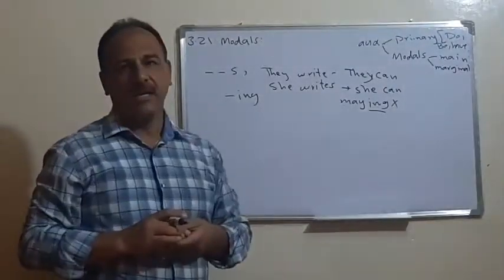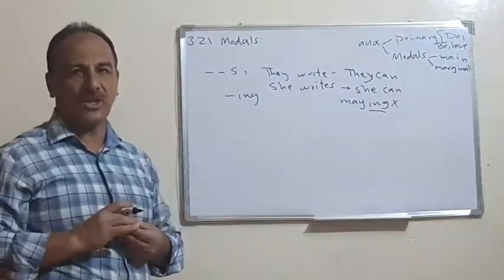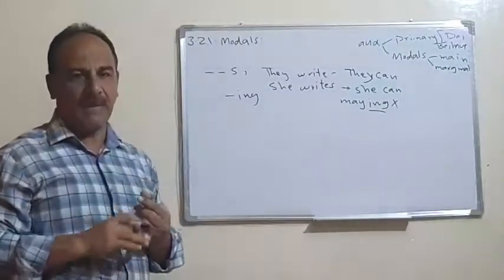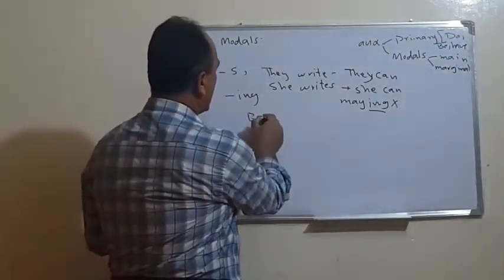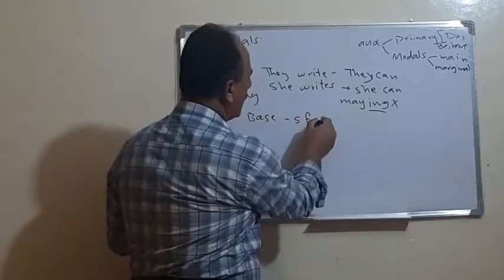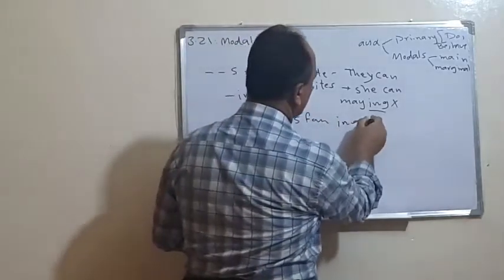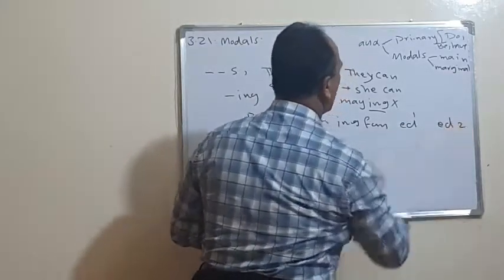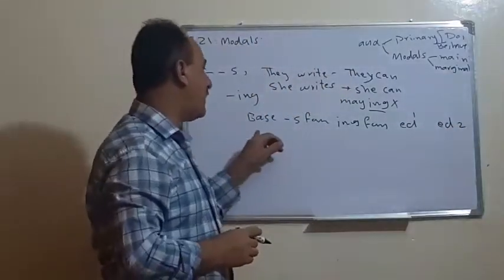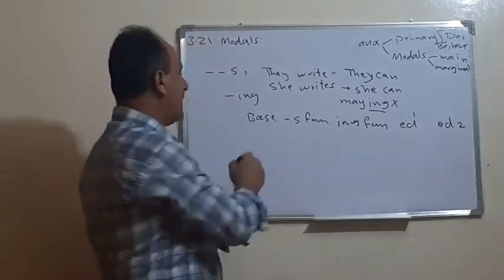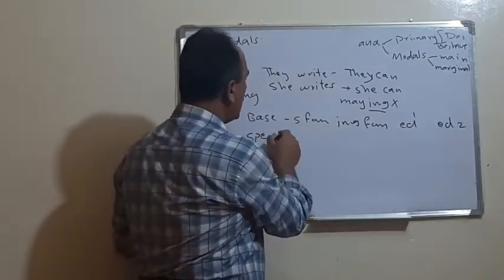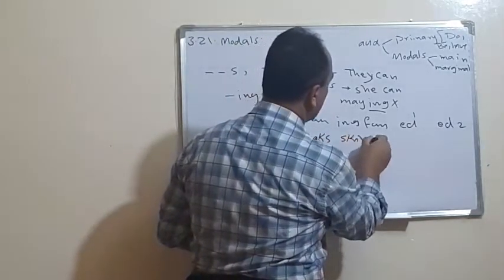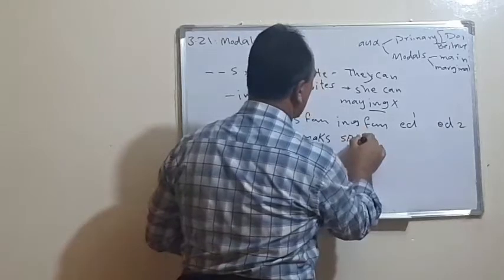The third case, they do not have the full five conjugations, and we mean by the conjugations the five forms. The base, the S form, the ing form, and the ed1 for the past, ed2 for the past participle. If we take any verb, for example speak, we change it into speaks, then speaking.